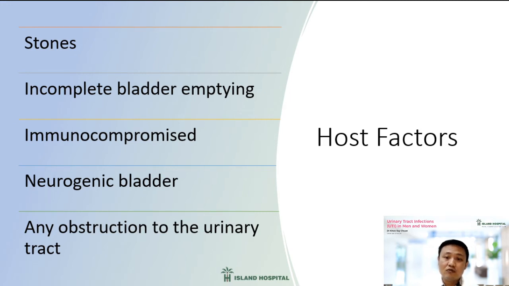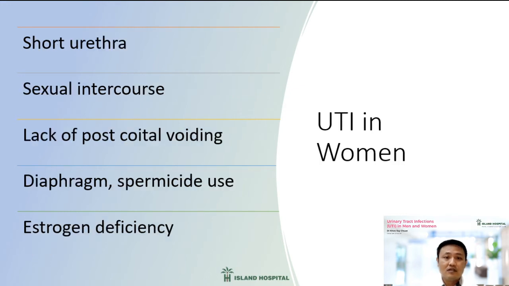Are they in the group of high-risk patients, for example diabetes or any immunocompromised patients, and any neurological problems, because they affect the bladder functions? And also, we need to look at the urinary tract for any blockage that causes outflow problems.